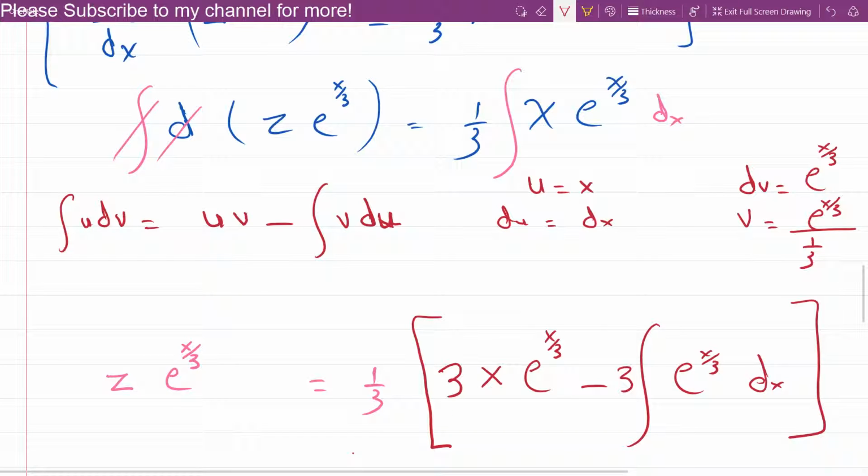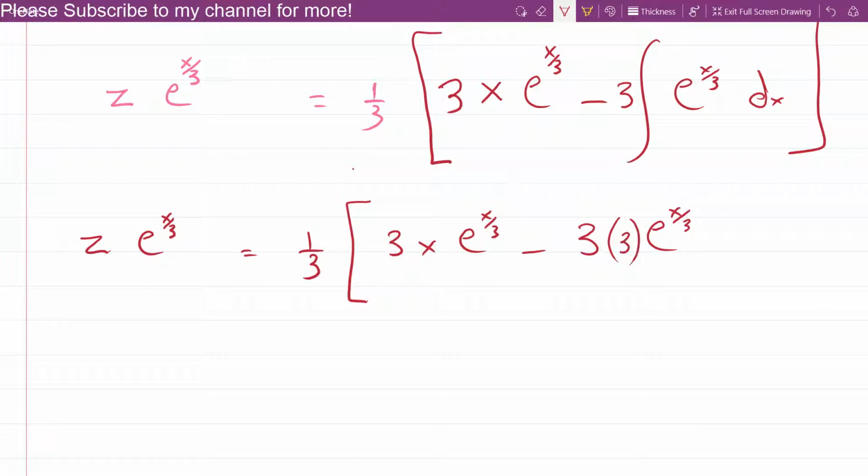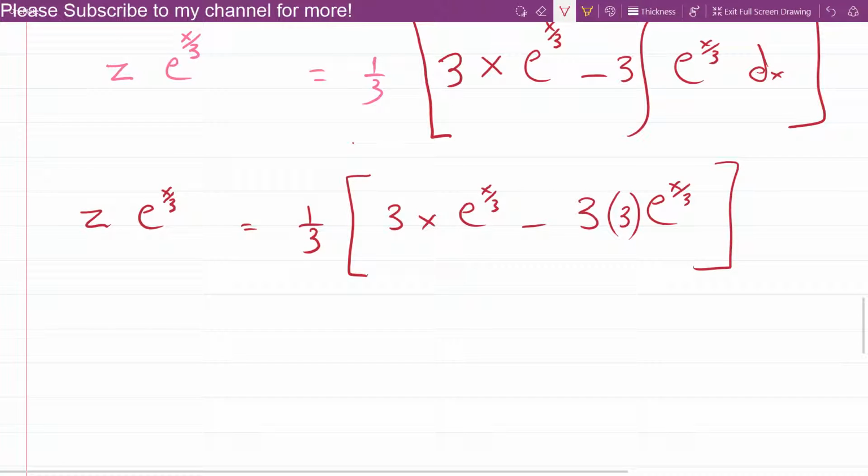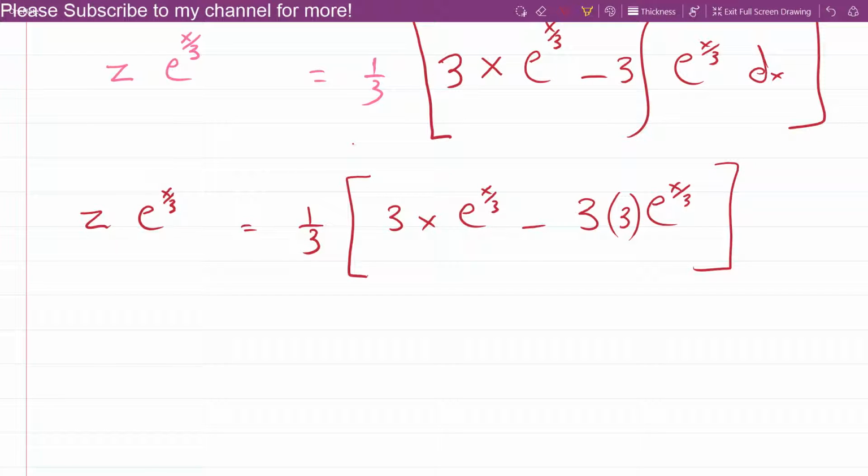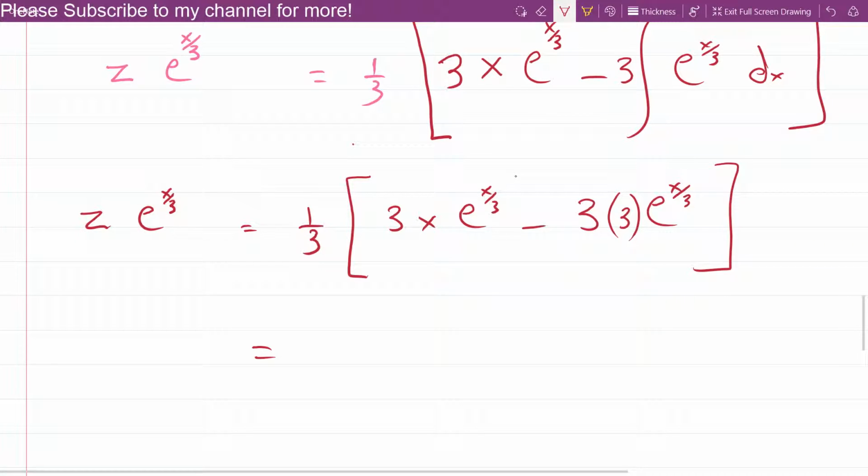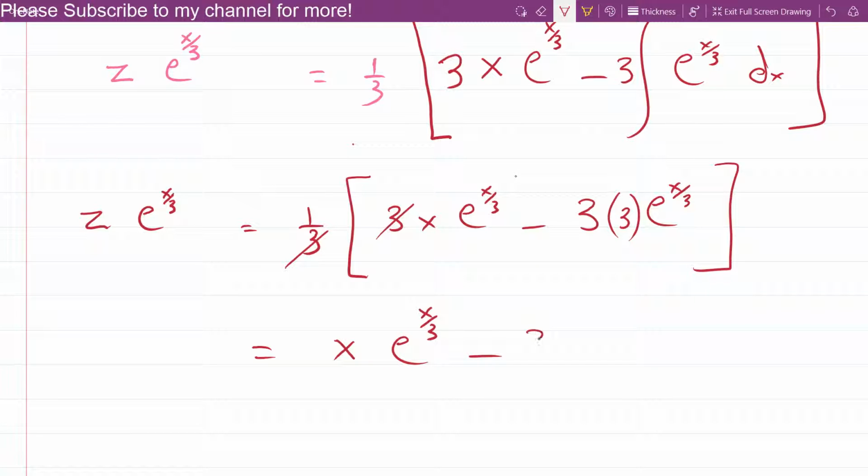Instead of dividing by 1/3, I can just multiply by 3. I can bring the 1/3 in, so this 3 would cancel that 3. I would get e to the x over 3 minus 3, because 1/3 cancels 1/3, and we have a 3 remaining.